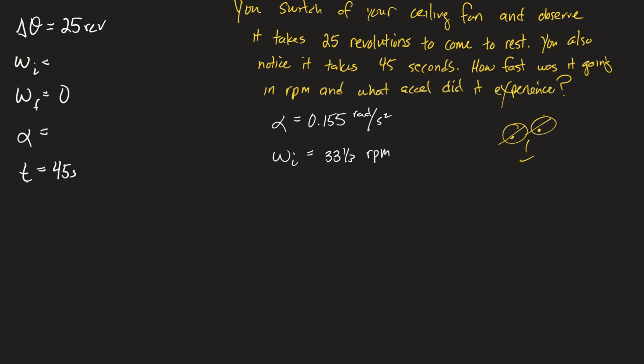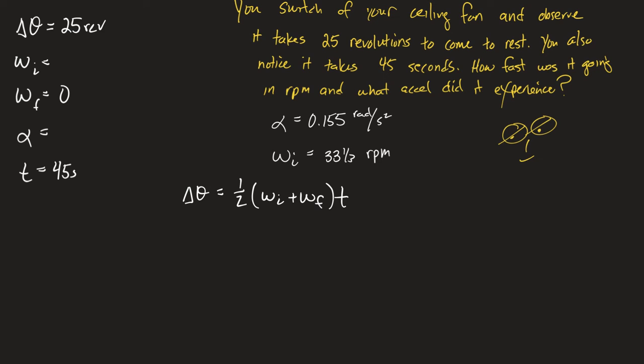Now, the biggest issue here is you will have to be aware of what unit you need to be in for your answer. So let's say I want to find the initial velocity. I'm going to ignore the acceleration because I don't have it and I don't need it. I've got 3 other pieces of information. For this, I'm going to use delta theta equals 1/2 omega I plus omega final times t.